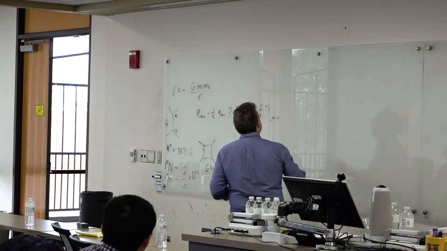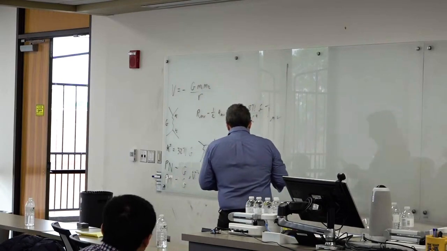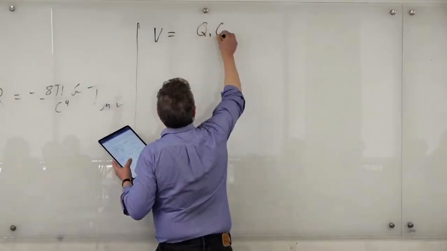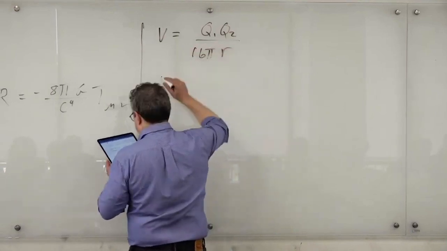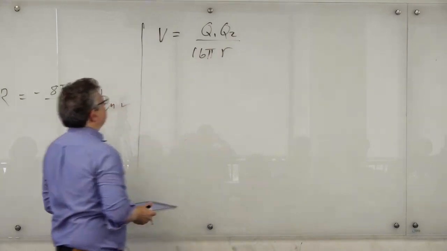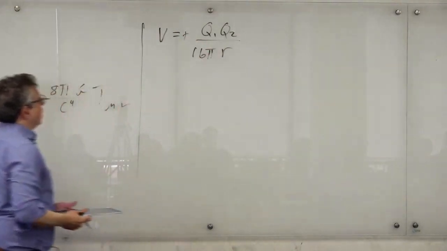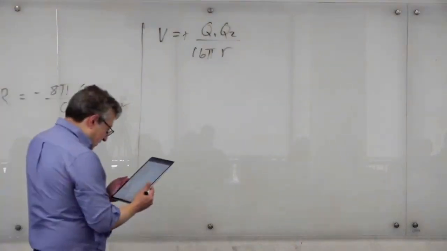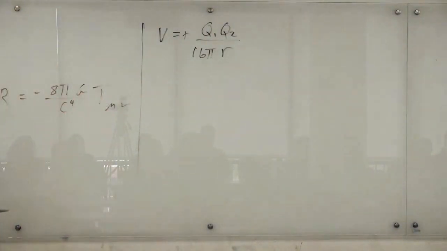Okay, so let me remind you how to do this. So, okay, here's Coulomb, Q1, Q2, 16 pi r. And, okay, there's a plus sign here. In some units, anyway, some units of how you want to define the charge.